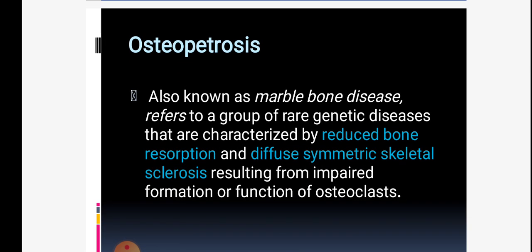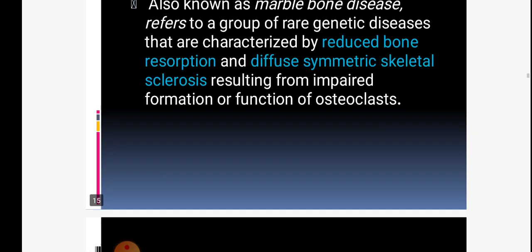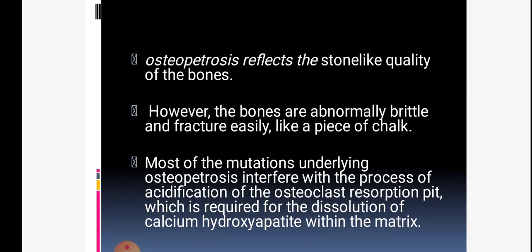Osteopetrosis, also known as marble bone disease, refers to a group of rare genetic diseases that are characterized by reduced bone resorption and diffuse symmetric skeletal sclerosis resulting from impaired formation or function of osteoclasts. Osteopetrosis reflects the stone-like quality of the bones.